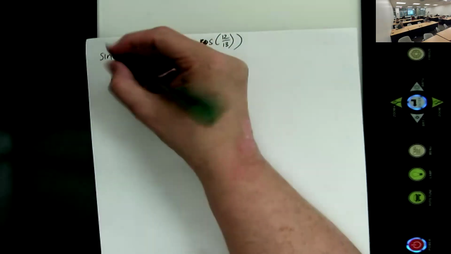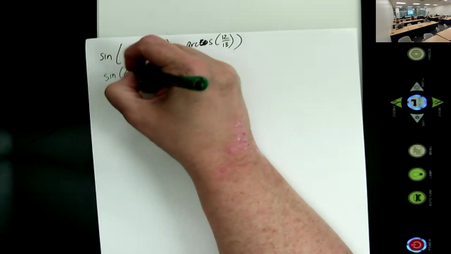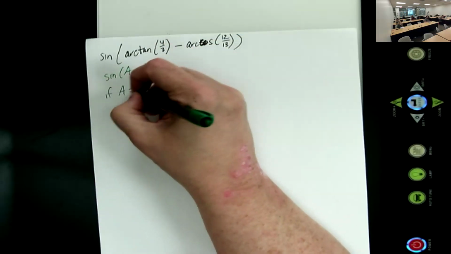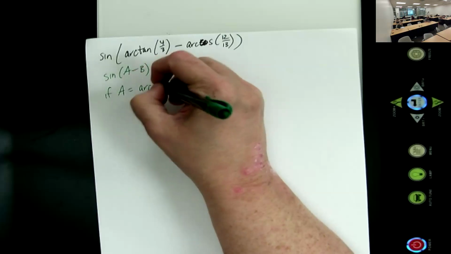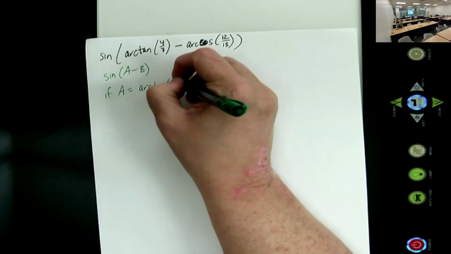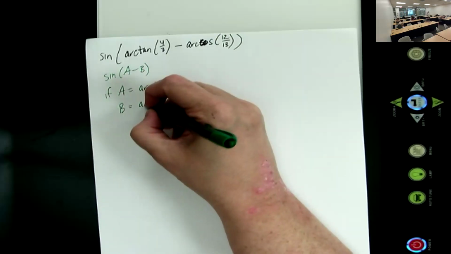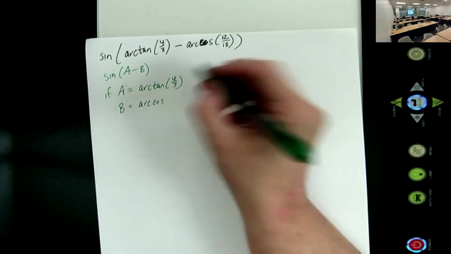So this kind of looks like sine of A minus B. If A is arctangent of 4/3, and B is arc cosine of 12/13.